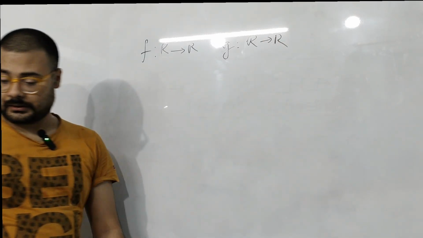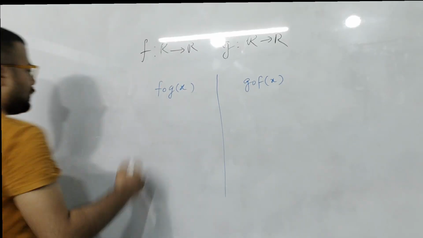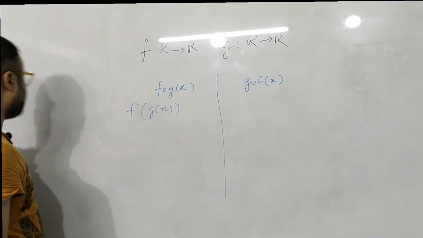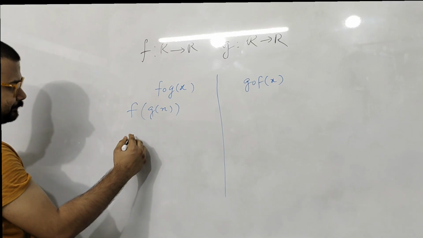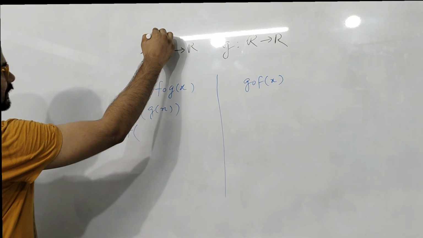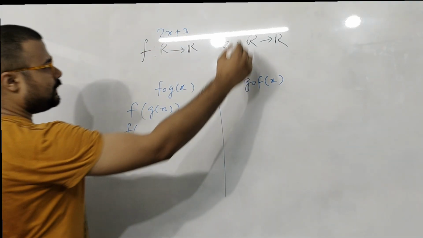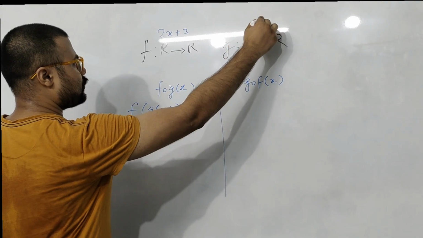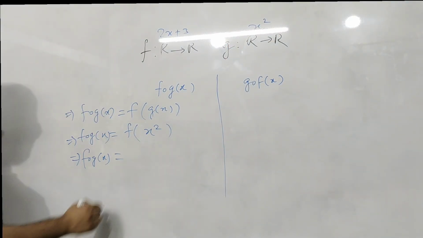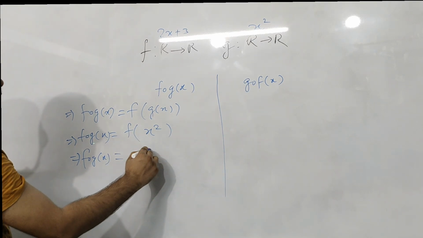Let us also take an algebraic example and find fog of x and gof of x. Fog of x means f of g of x. Let's say f of x is 2x plus 3 and g of x is x square. Then f of x square becomes 2x square plus 3.